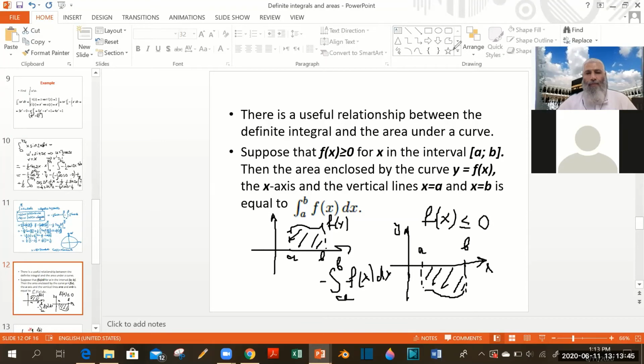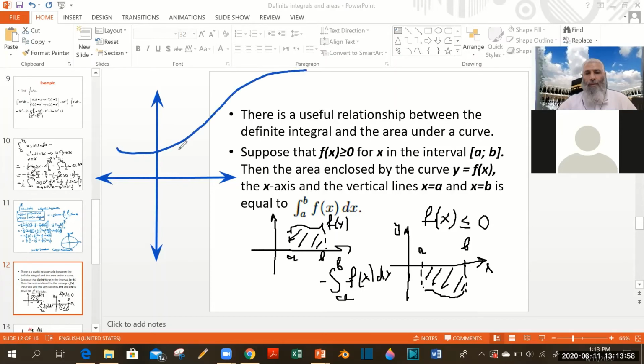If I have any graph like this, from A to B, let's say B here. This is A and B. So the integration is the area here, this area.